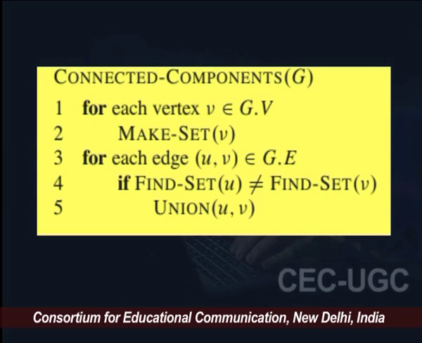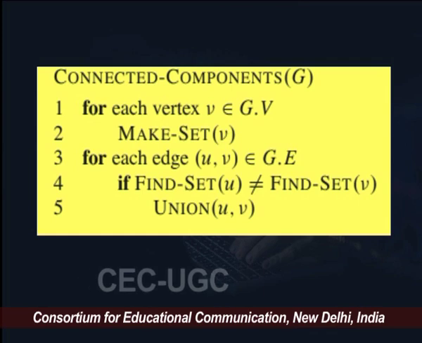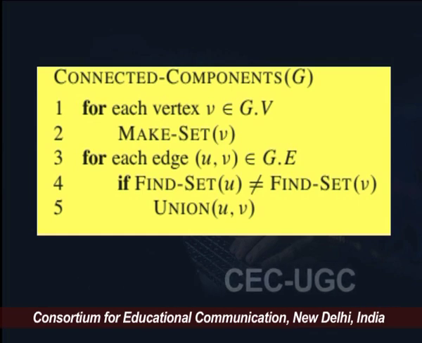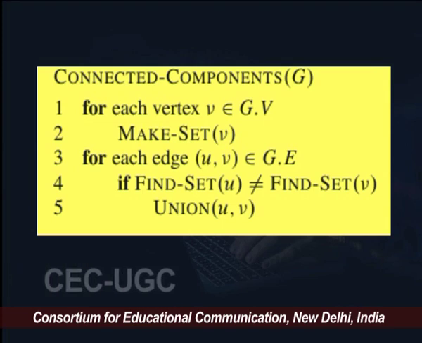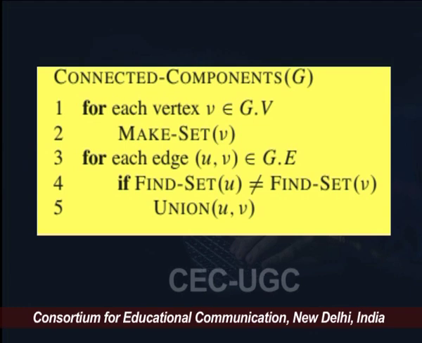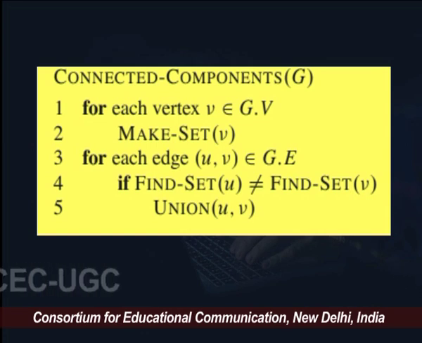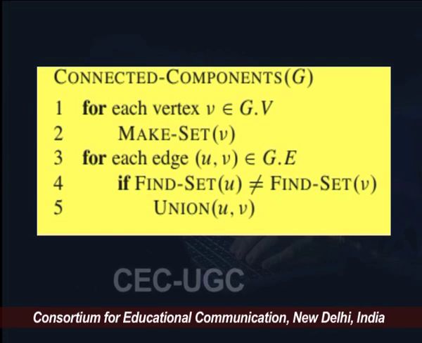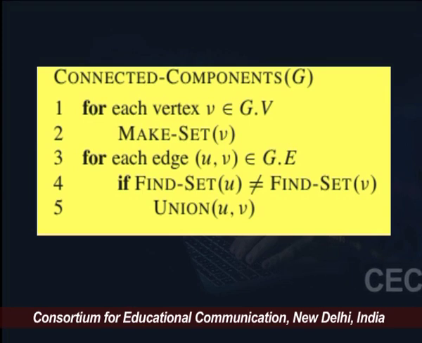For each vertex V belonging to the vertex set of the graph, we are going to make set V. That means all the individual vertices will now have their own set by virtue of make set V. And for each edge u comma v belonging to the edge set, since a graph is a combination of vertices and edges.